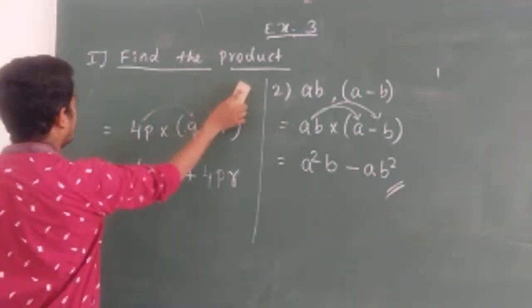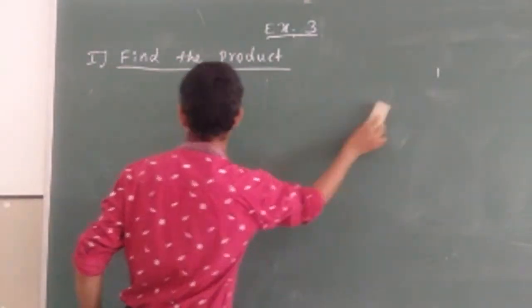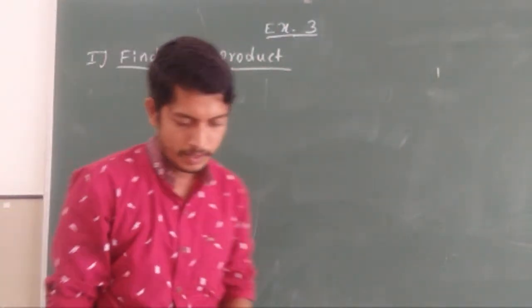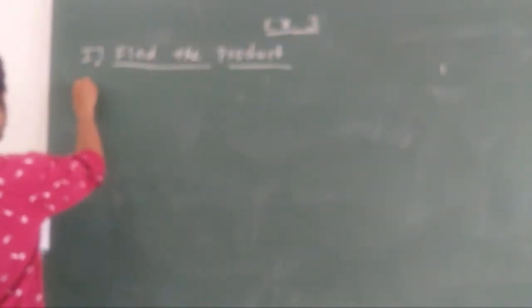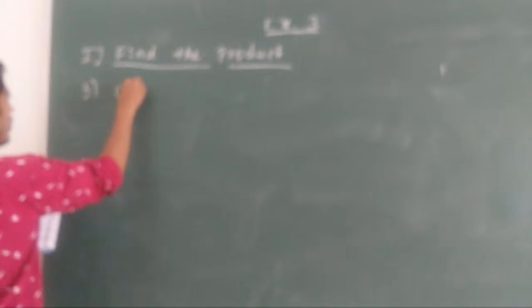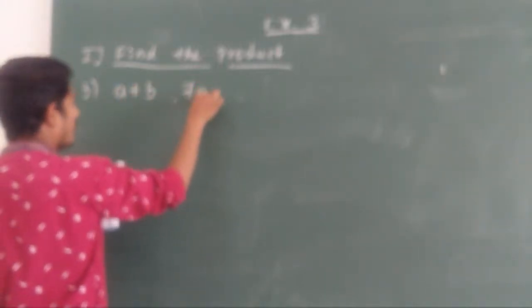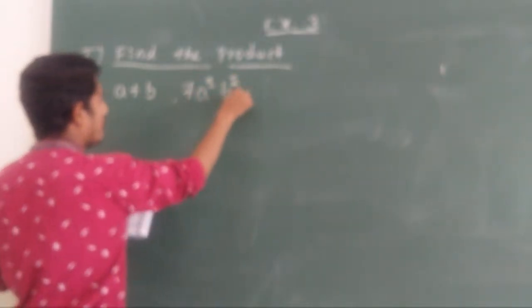The next one: a plus b and 7a square b square.